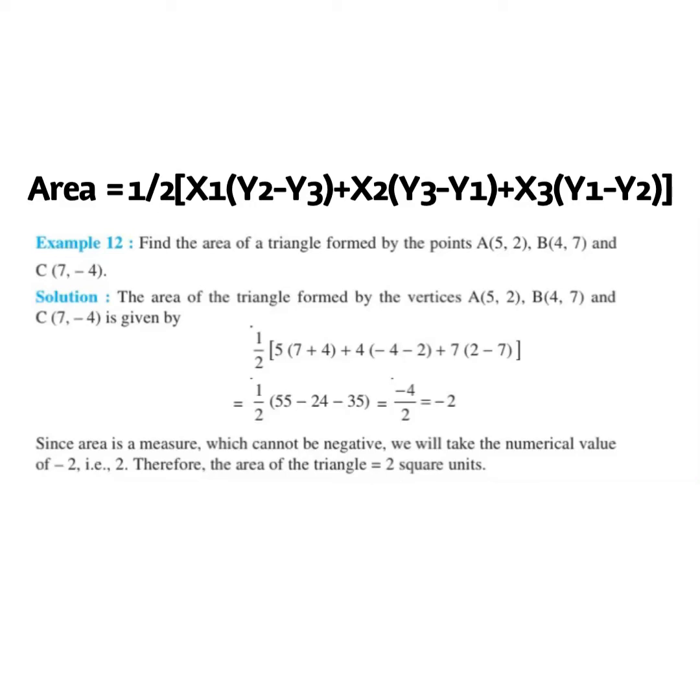So we will get half into 5 into 11 plus 4 into minus 6 plus 7 into minus 5, which is equal to half into (55 minus 24 minus 35). That is equal to minus 4 by 2, which is equal to minus 2. But area is a measure which can't be negative. So here we take the modulus of minus 2, which is equal to 2. So area of triangle ABC is 2 square units.